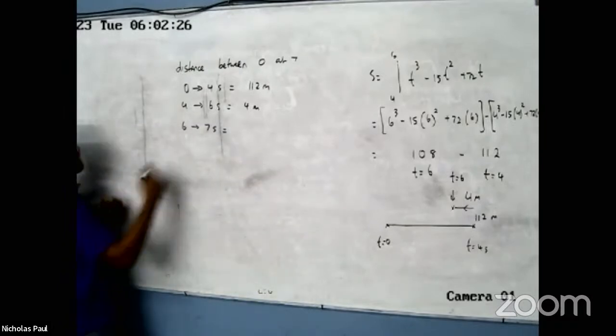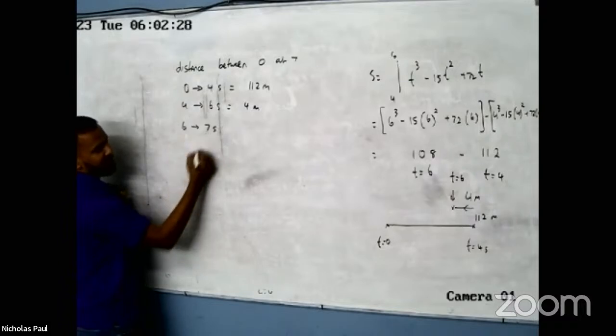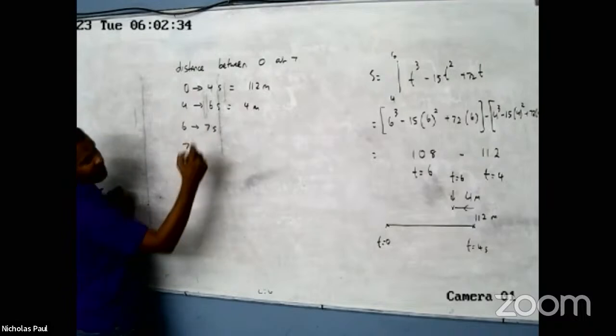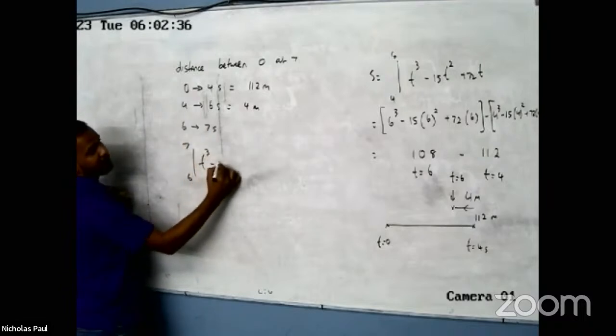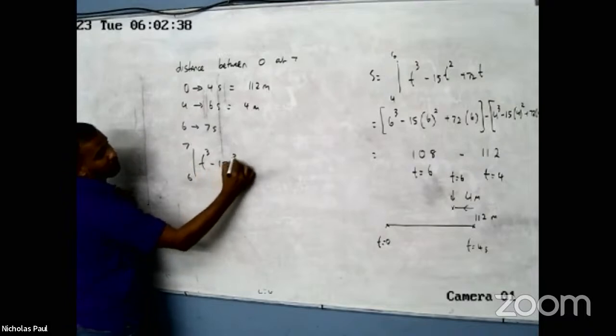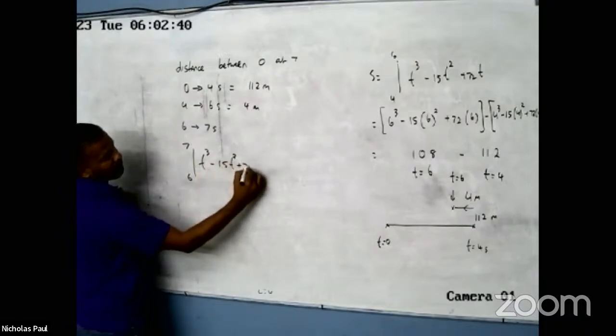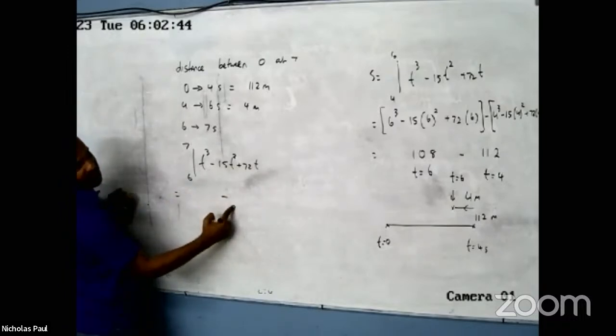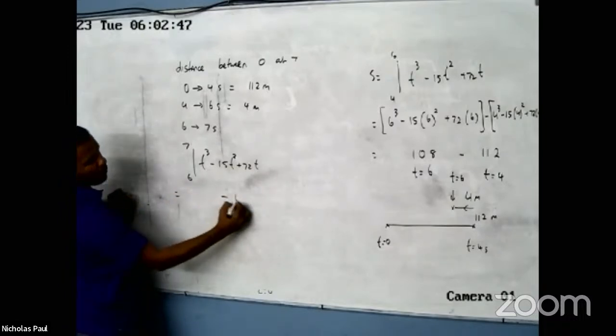So for this last part, between 6 and 7 seconds, all we have to do is plug in 6 and 7 between these values. We already know when it's 6, you will get 108.